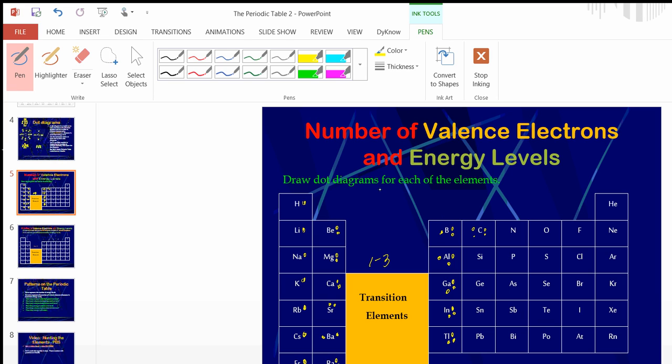Carbon, we said, has 4, and silicon did too. Germanium will be the same. Tin and lead. In fact, tin and lead often behave badly. Several of the transition elements and the little elements down here underneath, you'll see this group is called the metalloids, behave differently at different times.